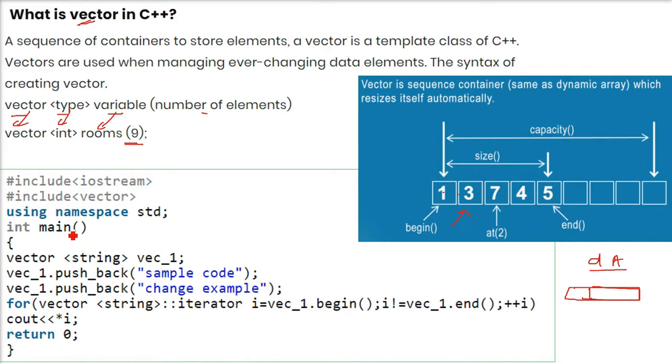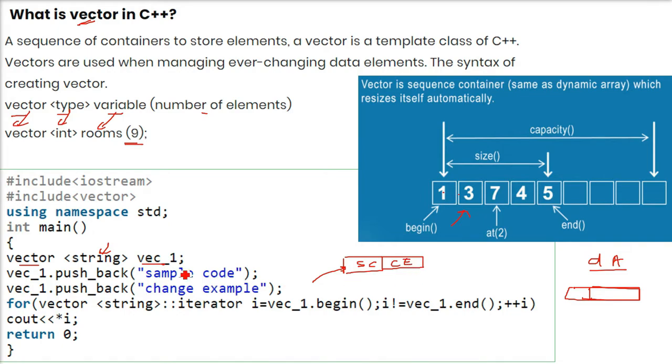This is an example in C++. We have a vector. It's a string type vector, and the name of the vector is vec_1. Now it is empty. We are pushing sample code. So the first element, sample code, I'm just writing SC for sample code, will come. Now the second one will be change example. Now one more is populated in this vector, called change example.